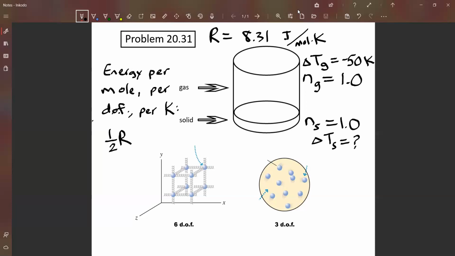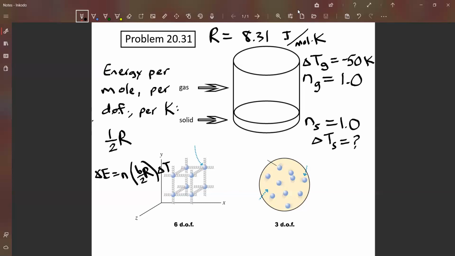And so that would mean that the change in energy, delta E, is the number of moles times, in parentheses, 6 halves, because there are 6 of those ways, 6 halves R times delta T.